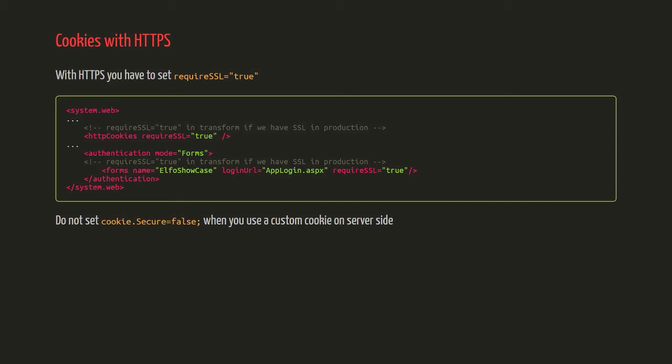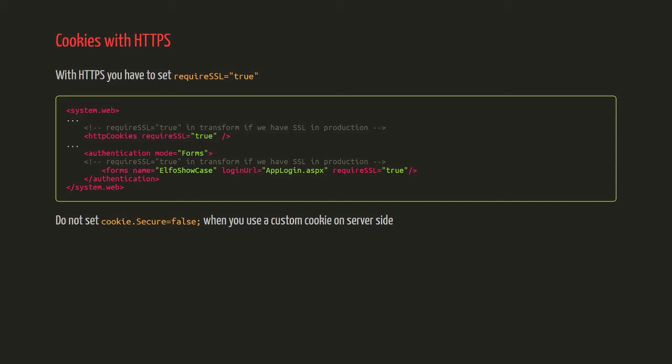But remember to check secure property for server-side cookies created in your application and remove it. If the flag require SSL is set to true, the browser will only send the cookie over HTTPS. Sending cookies over an unencrypted channel can expose them to network sniffing attacks, so the secure flag helps keep a cookie's value confidential.